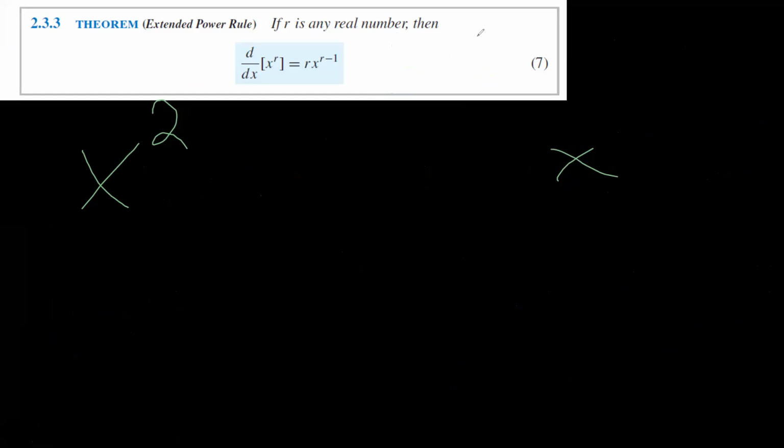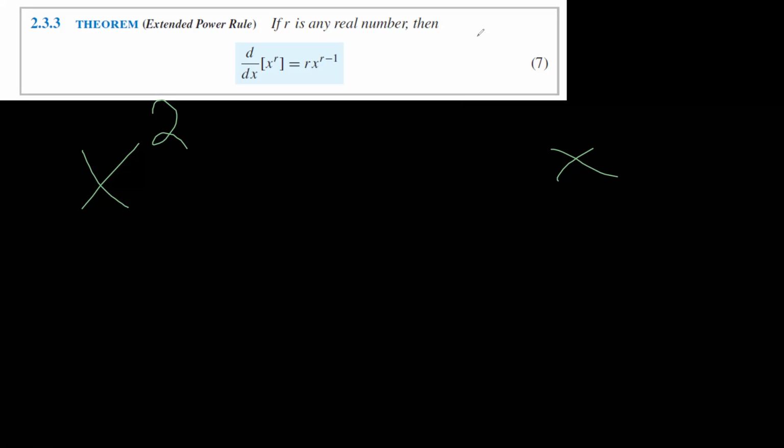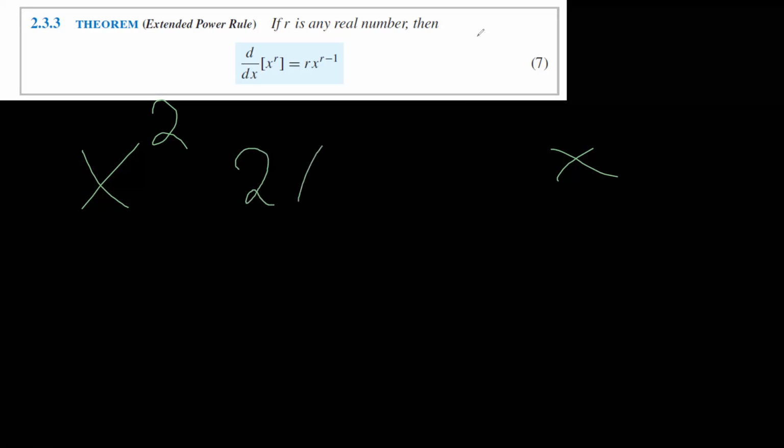Okay? I want now to find the derivative of x squared. Yes, Shahid. Can you answer it? x squared. First it will be 2x to the power 1, which is equal to what? 2x. What about x raised to the power 1?